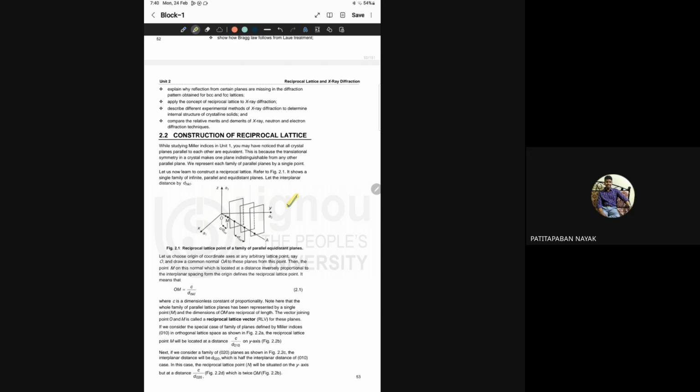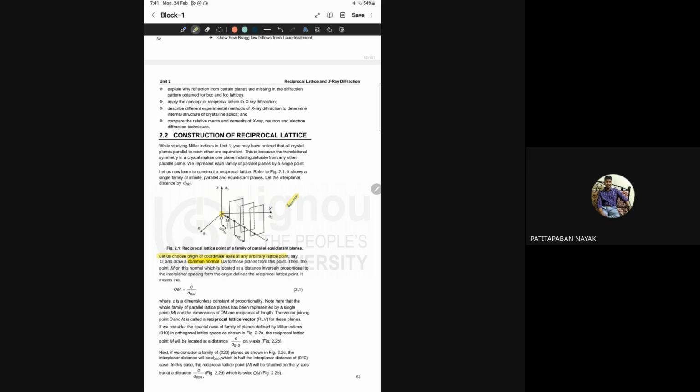Now let us choose the origin of coordinate axis at any arbitrary lattice point, say O. Take the origin to be at O, and draw a common normal OA to these planes from this point.